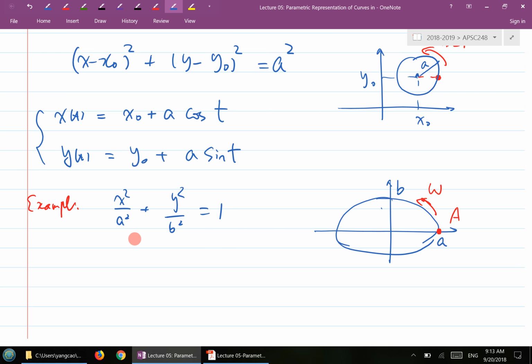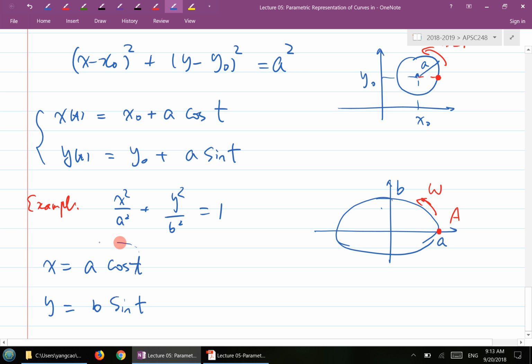The difference is that because you have a squared and b squared here, it is not a circle anymore. The parametric equation in this case is x equals a times cosine t, and y is b times sine t. See the coefficients, that's different. For a circle, you get the same coefficient a, which is the radius. But now for this ellipse, here is a, here is b.